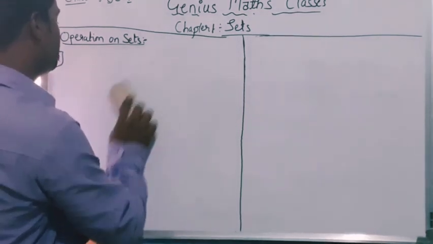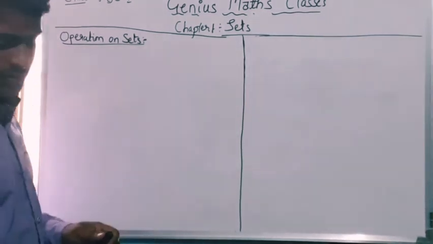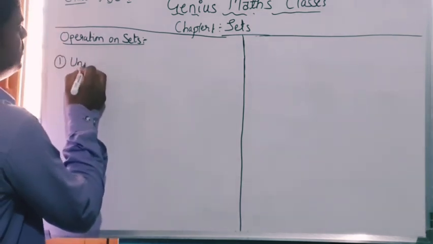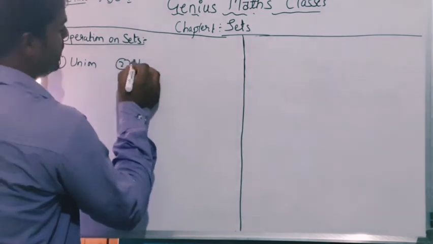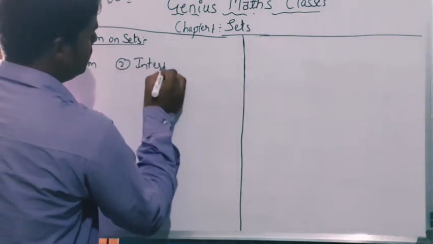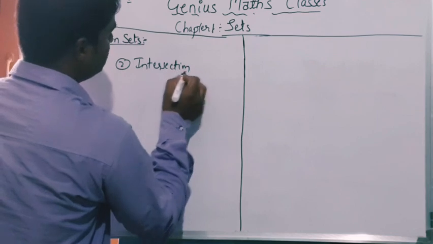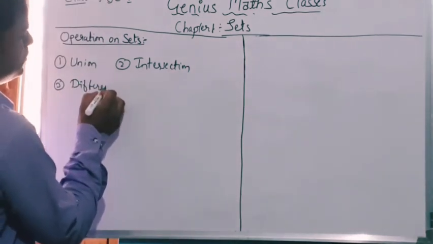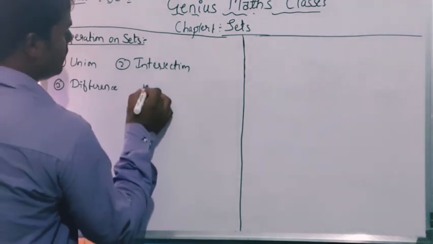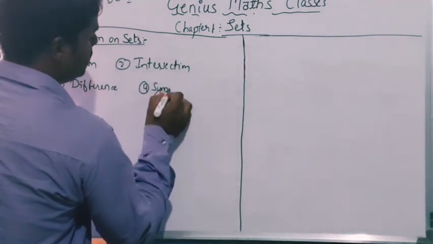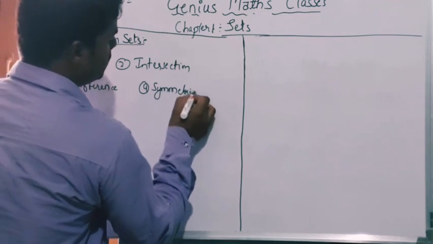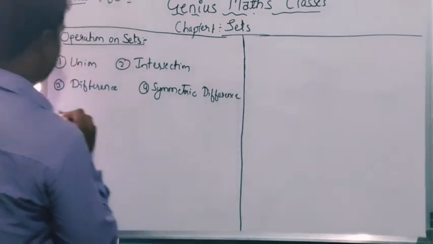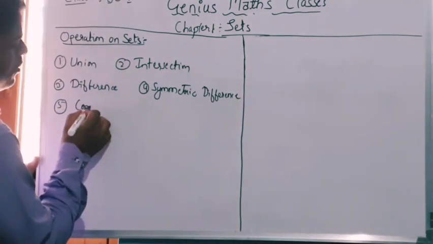So there are the union operation, second one intersection, third one difference, fourth one symmetric difference, and fifth one is complement.